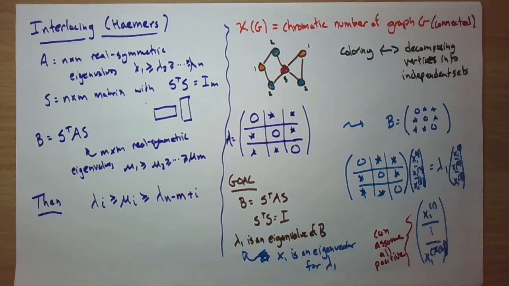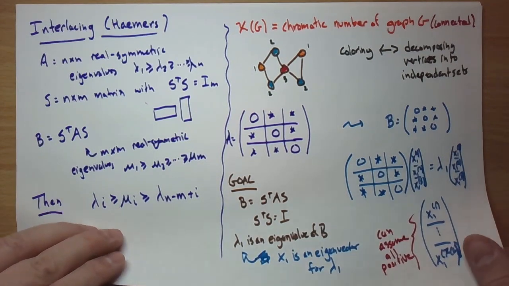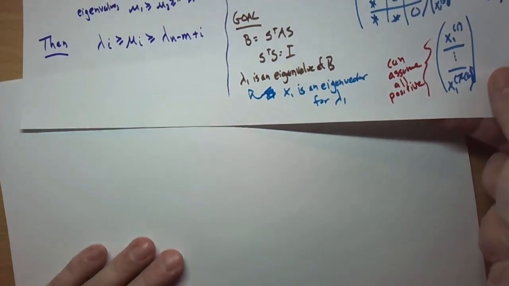Perron-Frobenius. Yeah. And so that's what gives us that we have all positive. One of those things that it's like muscle memory, just assume it. Exactly, that is precisely what we do.